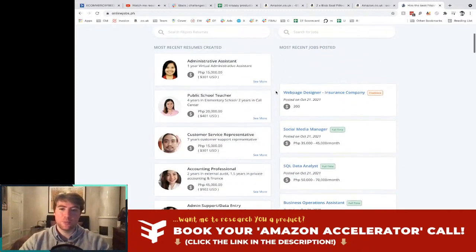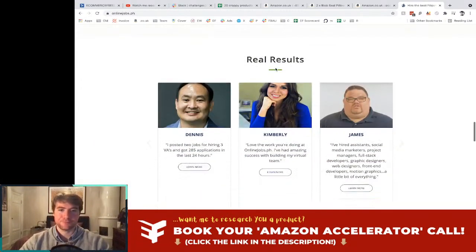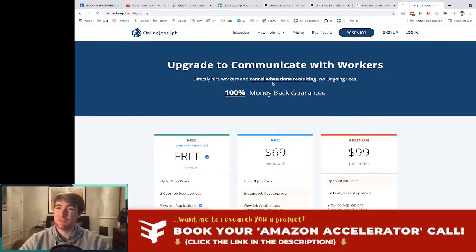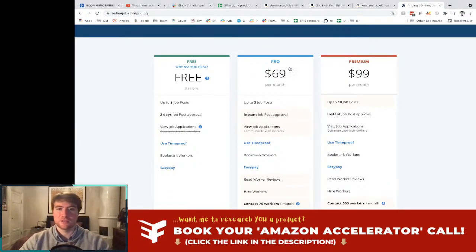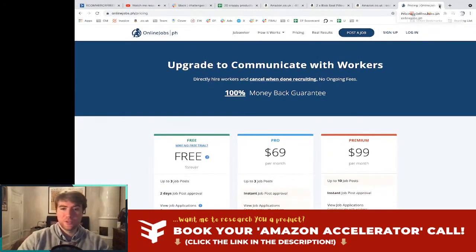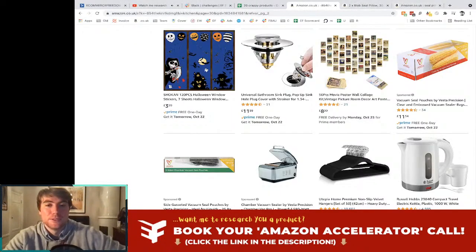So you can post a job, and you can find someone. Great company. I've hired a lot of people through them. Super cheap as well. You can sign up for a month, post your job, and then you can cancel once you've hired a couple people, and then reactivate it again when you want to hire more. So it's super cost effective.